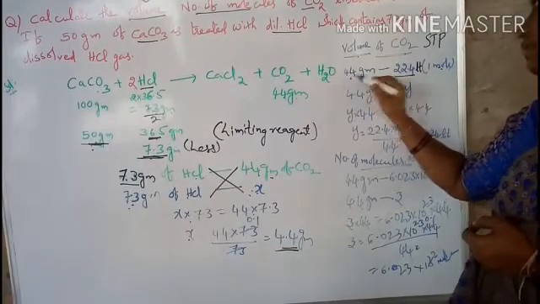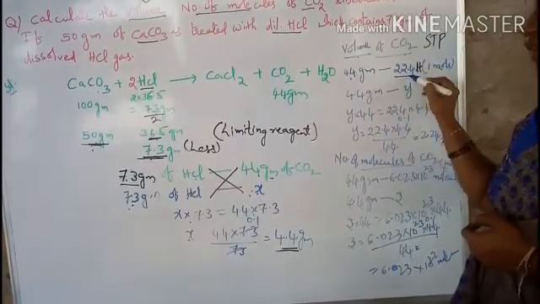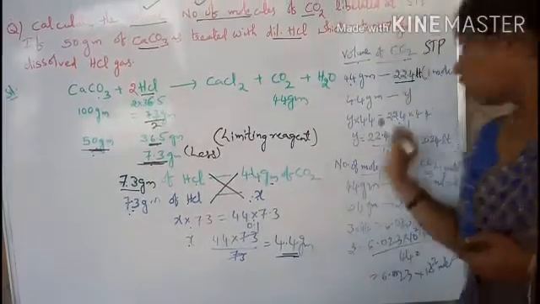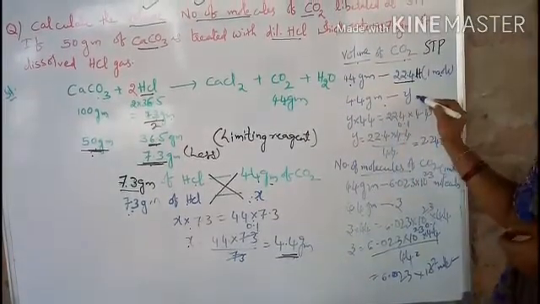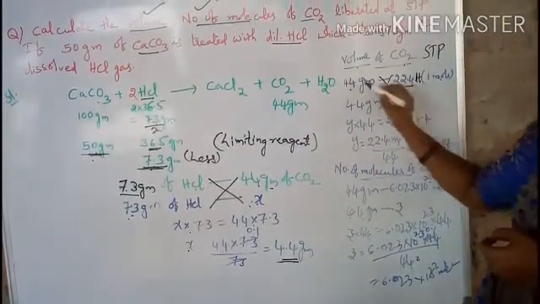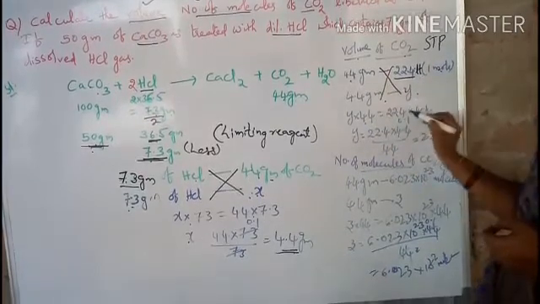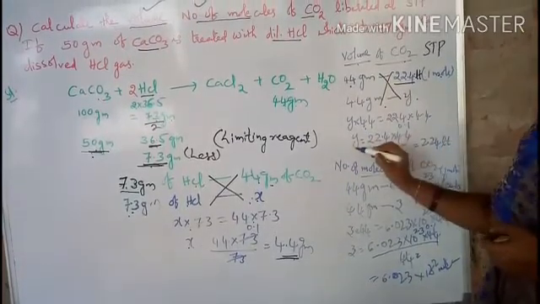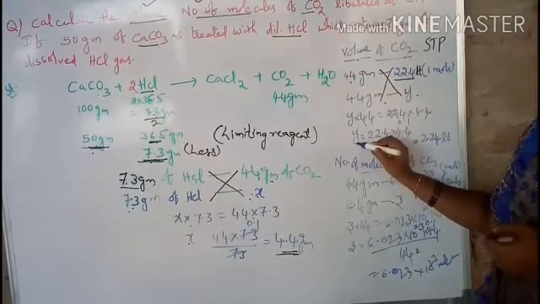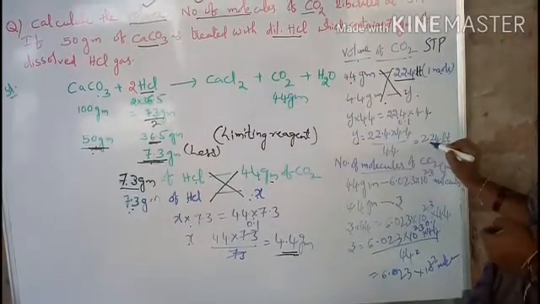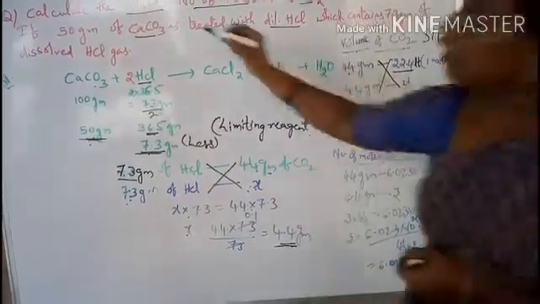So 44 grams occupies 22.4 liters of volume. Then 4.4 grams occupies how much? Let it be Y. Now do cross multiplication. Y into 44 is equal to 22.4 into 4.4. So after calculation you get Y is equal to 2.24 liters of CO2.